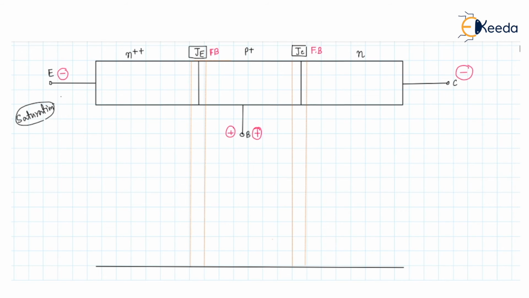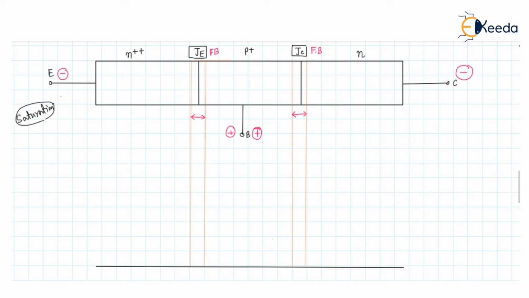When both the JE and JC junctions are forward biased, we know that the depletion width of the JC junction will be thinner and the depletion width at the JE junction will also be thin.